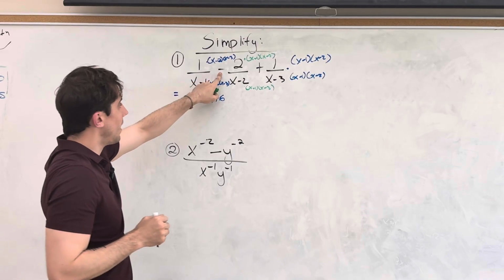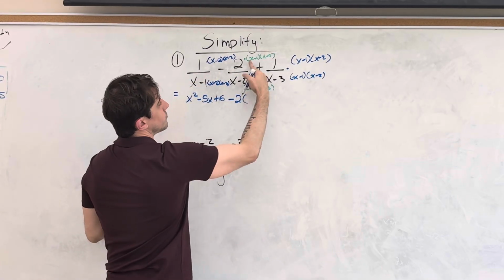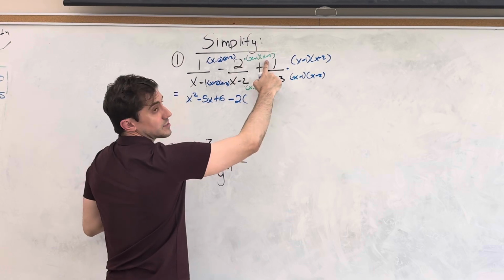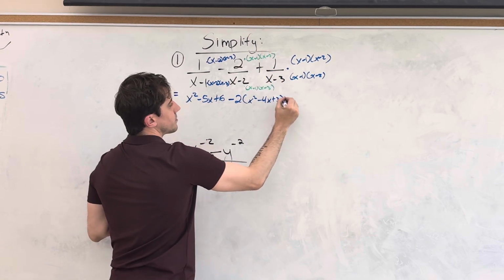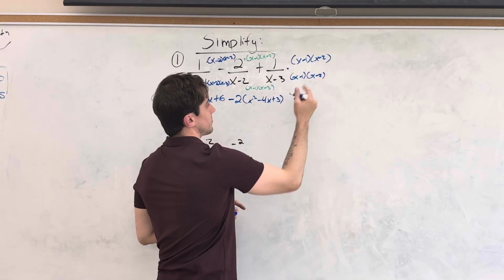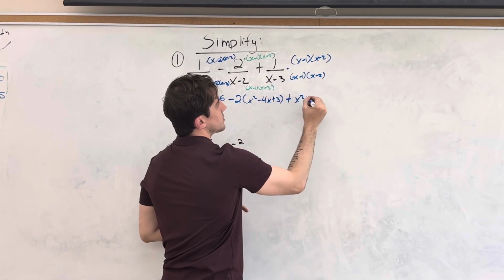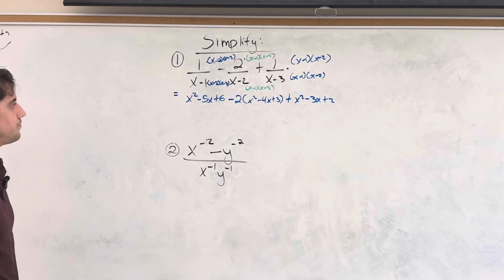Then we're going to do minus 2 times all that. So that'll be minus 2 times, if we expand x minus 1 times x minus 3, x squared minus 4x plus 3. And finally, we have plus 1 times x minus 1 times x minus 2, which means plus x squared minus 3x plus 2, like so, okay?